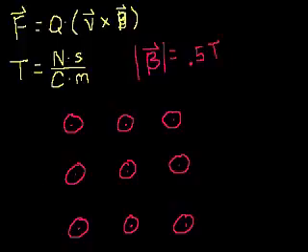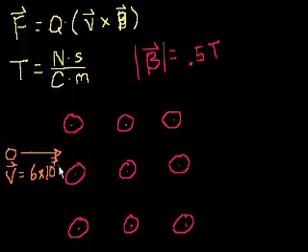Let's say I have some proton that comes speeding along at a velocity. So the velocity of the proton is equal to 6 times 10 to the 7th meters per second. And that is actually about a fifth of the speed of light.